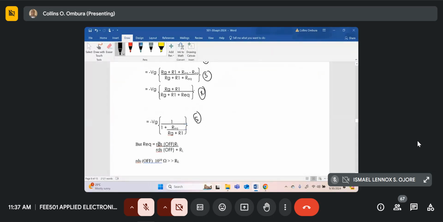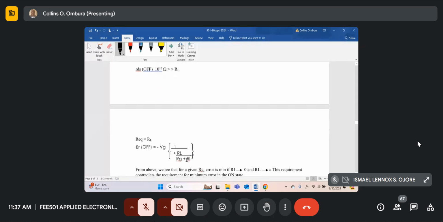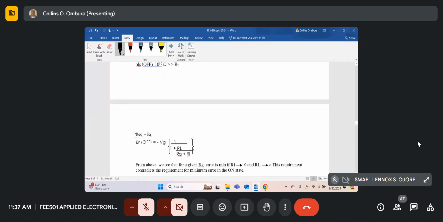So R equivalent is RDS off into RL over RDS off plus RL, but RDS off is 10 to the power 10 ohms, which is greater than RL. So we can say that R equivalent is the same as RL, and therefore error off is minus VG times 1 divided by 1 plus RL over RG plus R1.